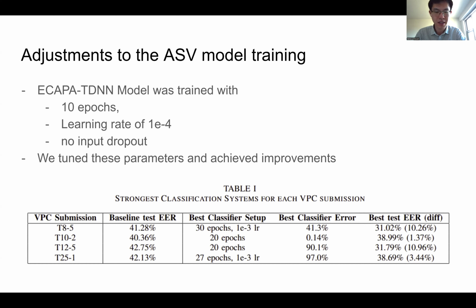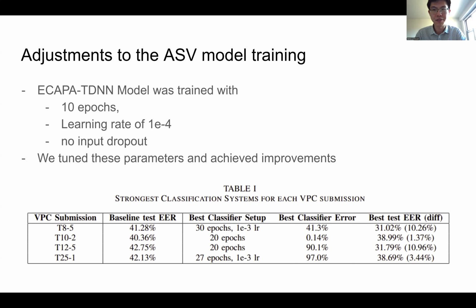We found that both the number of training epochs and the learning rate appeared to be too low for many of the anonymization systems, which, due to their nature, present a harder learning task than the original ASV system was designed to deal with.